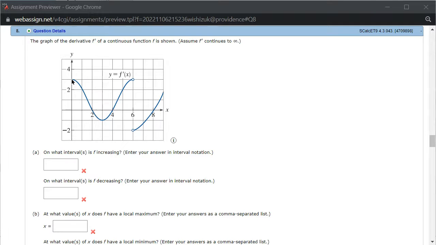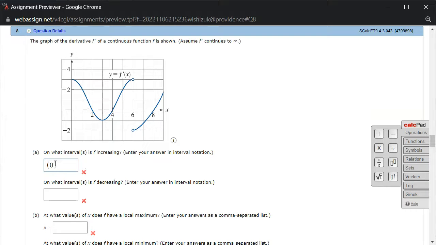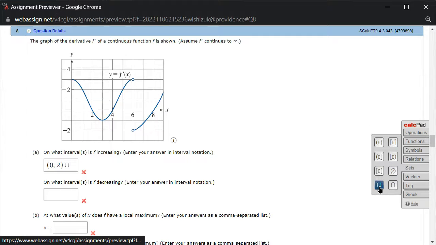You can see that from 0 to 2, so maybe I'll start writing it, from 0 to 2, and also, set notation here, union, 4 to 6.